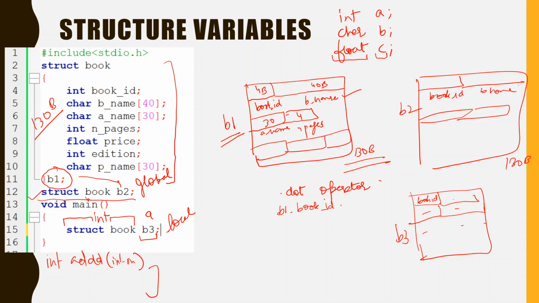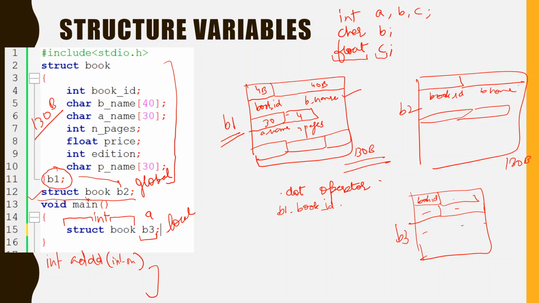Can you now make an analogy? If we create integers a, b, and c, it simply means that three integers are created. So if here we have created b1, b2, and b3 of struct book type, it simply means we have created three books.